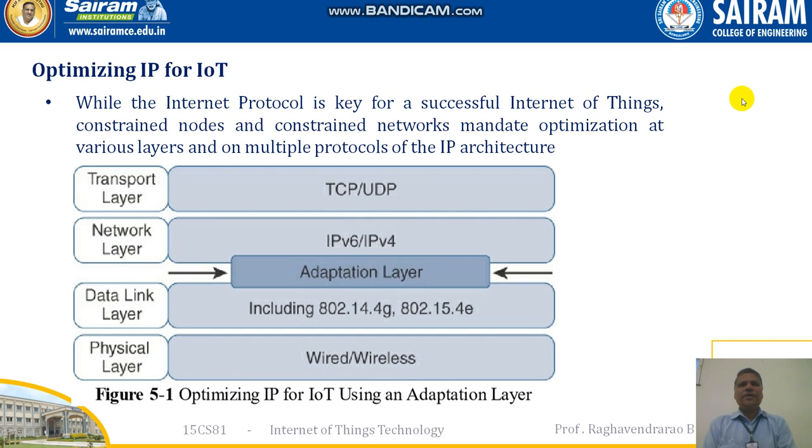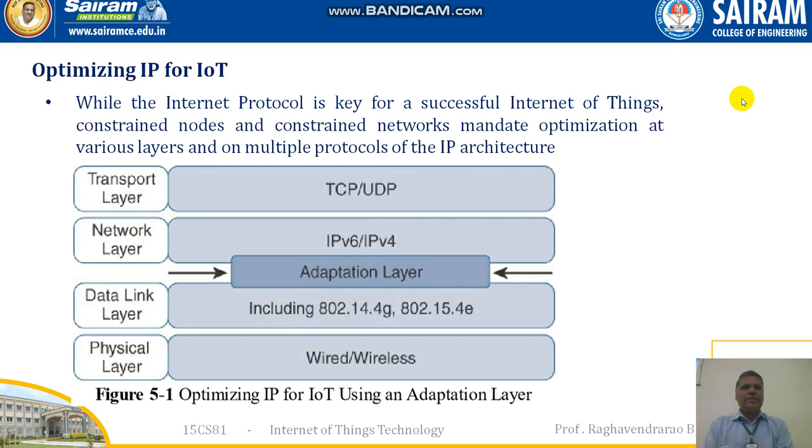There are 4 layers: transport layer, network layer, data link layer and physical layer. In between the data link layer and the network layer, we have the adaptation layer.